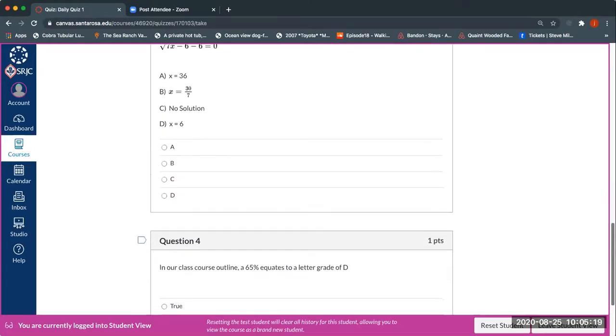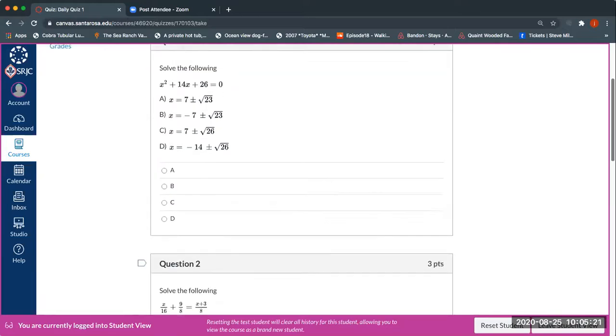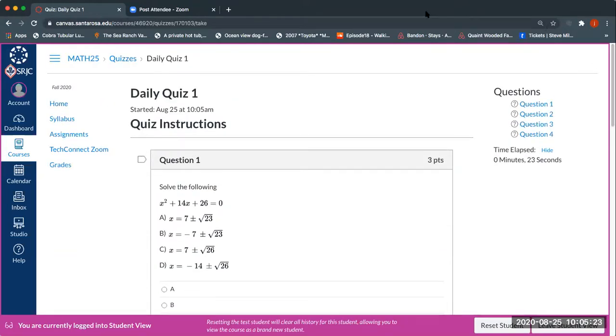So 4 problems. Okay, now anybody not able to see it in their Canvas? Anybody not able to see the daily quiz in their Canvas? Okay, nobody's saying anything. That means you all found it.